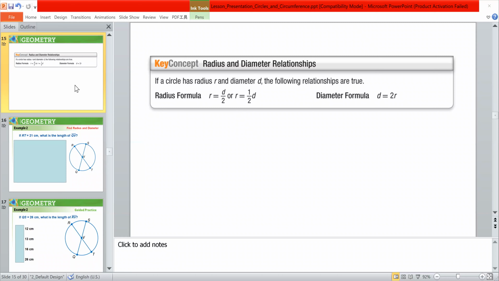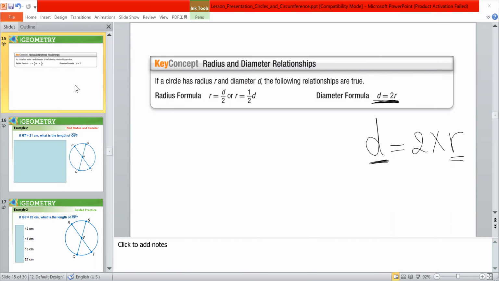It means that in any circle, the diameter is twice the length of the radius. Any diameter equals the radius length multiplied by 2. Or if you start with the radius, it means the diameter divided by 2, or half the diameter.